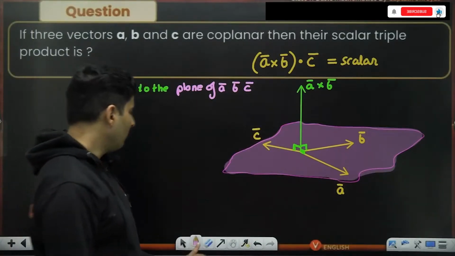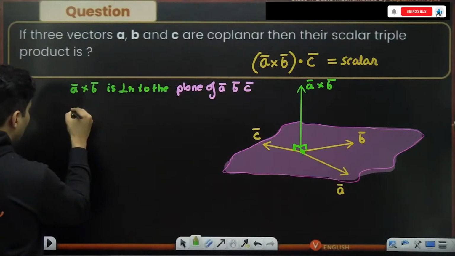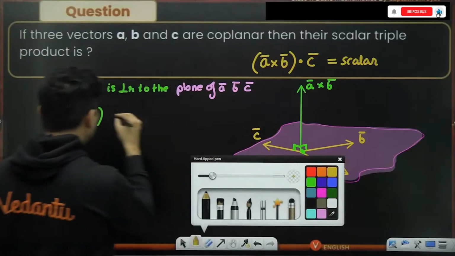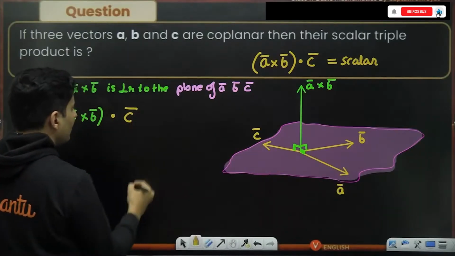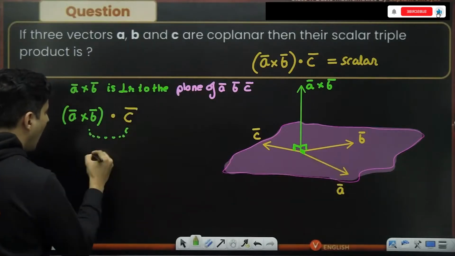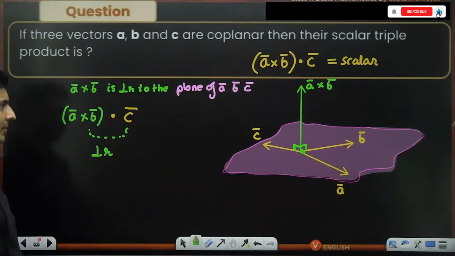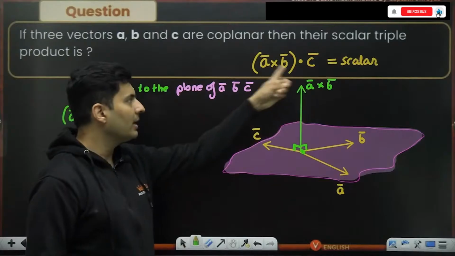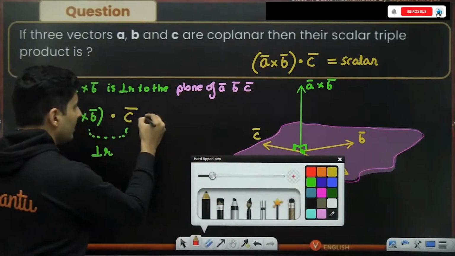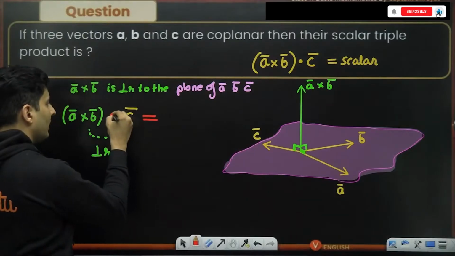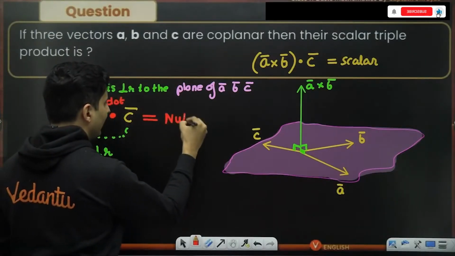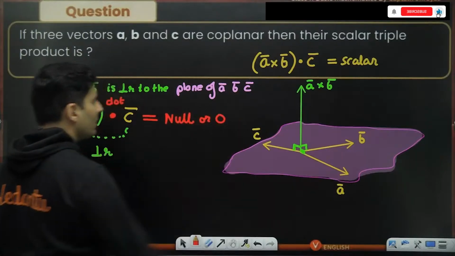Now, if you take A cross B, dot product it with vector C, we know that these two are perpendicular to each other. A cross B is perpendicular to C. So what will happen when the vectors are mutually perpendicular? Their dot product will always be zero.